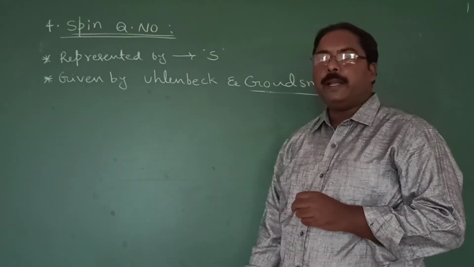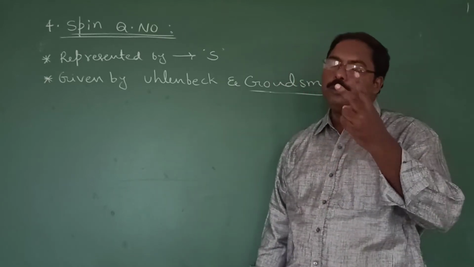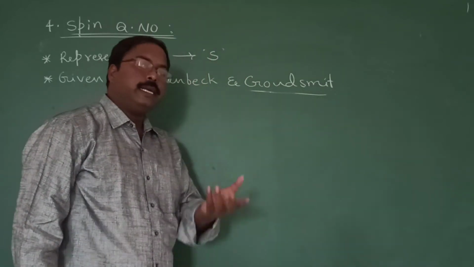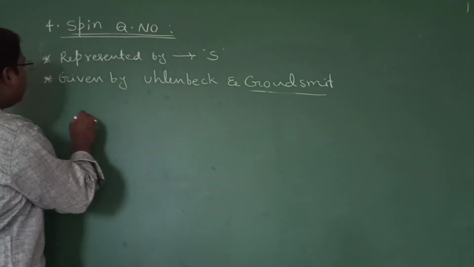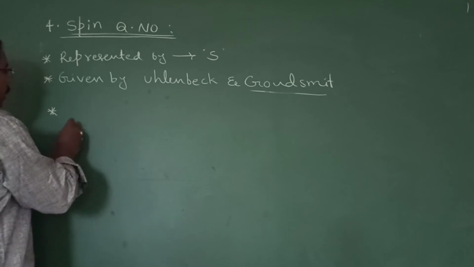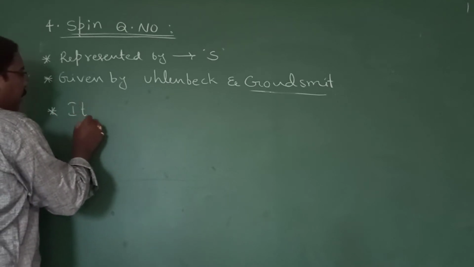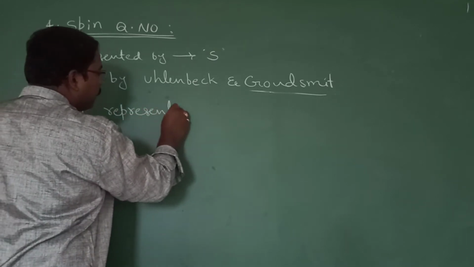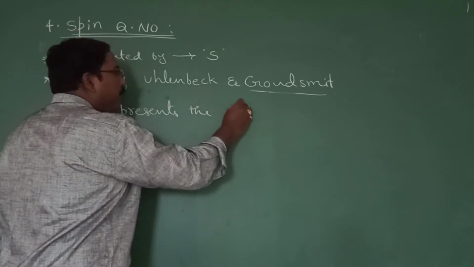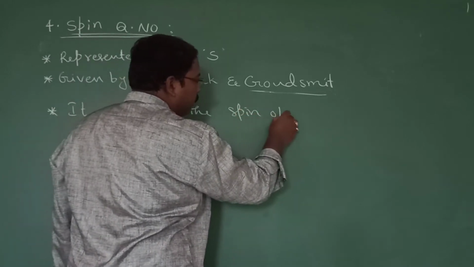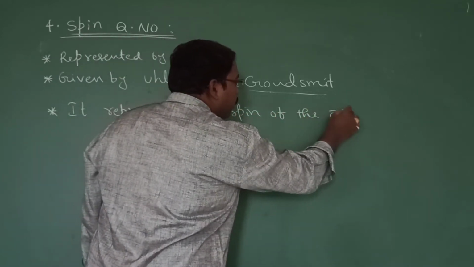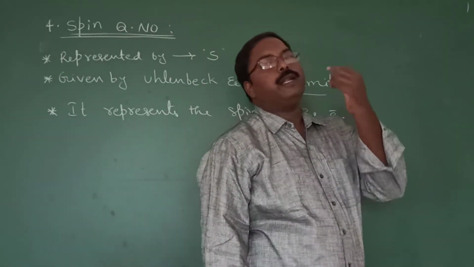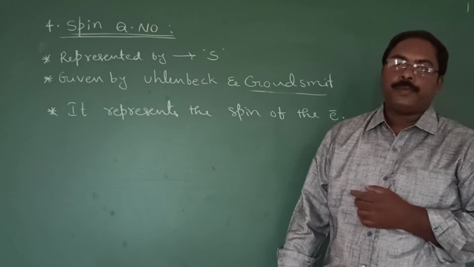Now regarding the quantum numbers, we need to remember 2 main points: what it explains and what its values are. The spin quantum number represents the spin of the electron, nothing but the rotation of the electron.